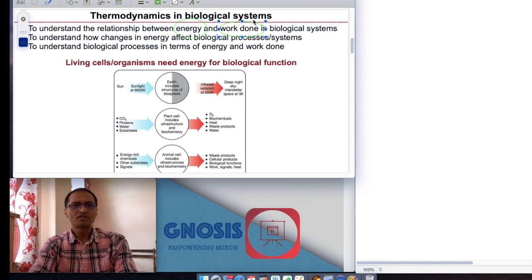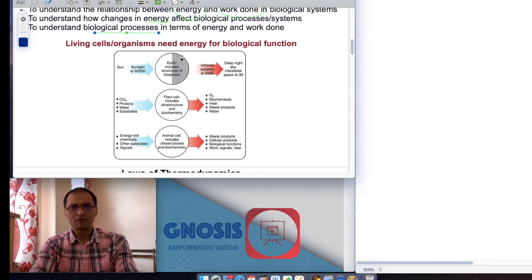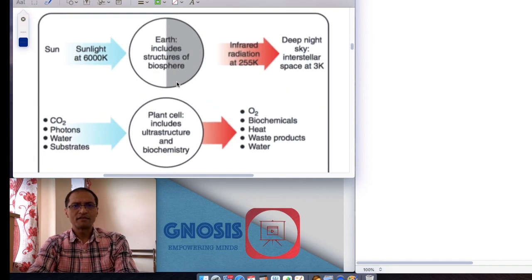It also allows us to understand how the input of energy will affect a biological process or a biological system, or how the loss of energy will affect a biological process or system. When we carry out these studies, it allows us to understand how biological processes are affected in terms of energy and in terms of the work done. And so when you look at thermodynamic systems and biological processes, you can look at them in terms of plants.